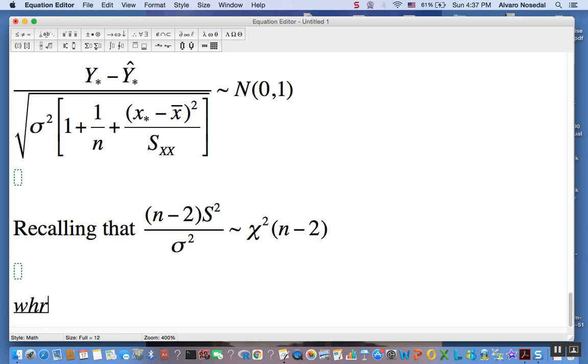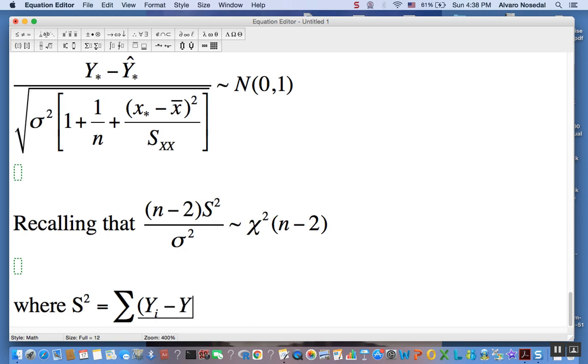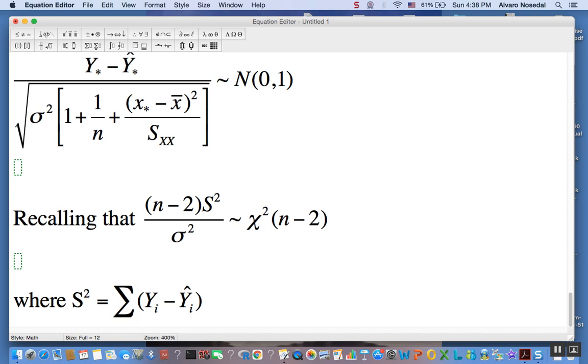Let me remind you what s square represents. s square equals the sum of squared residuals, y i minus y i hat, squared, divided by n minus 2.